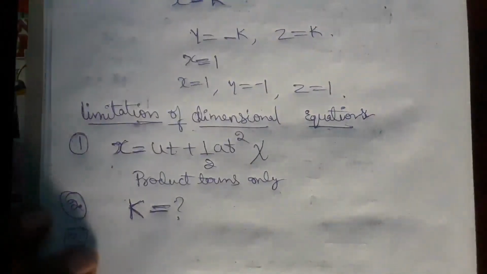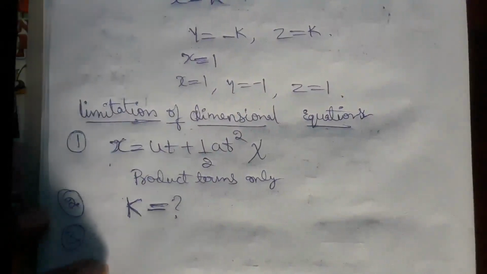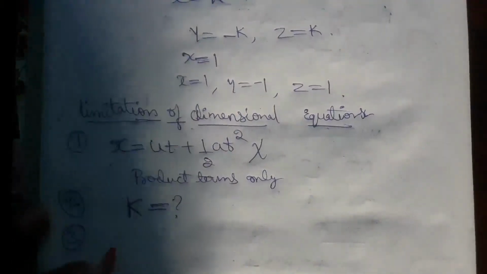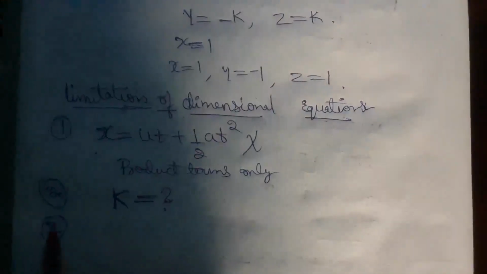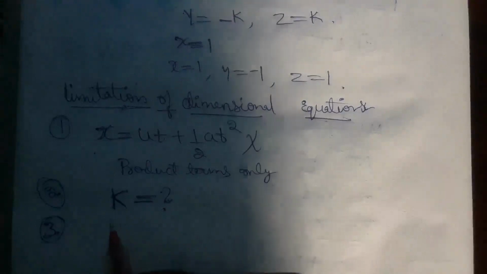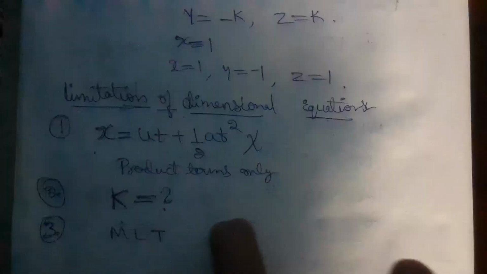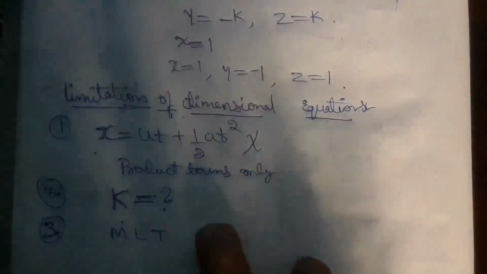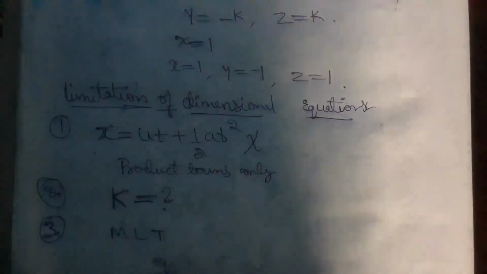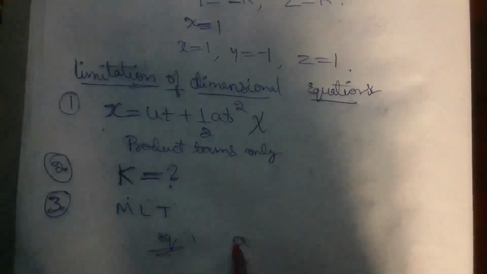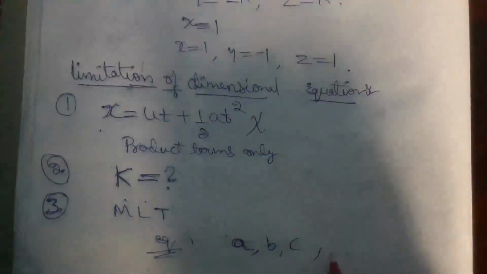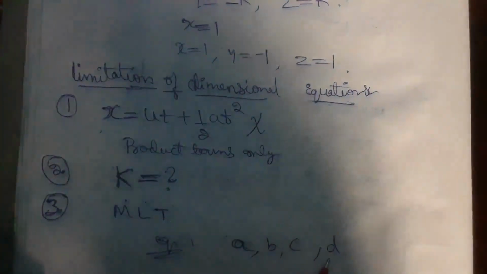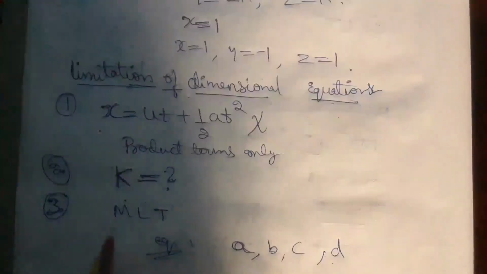So the third and last limitation of this method is that we have only M, L, T, so we get only 3 equations. If the unknowns A, B, C are more than 3, if it is 4, then we cannot find them, we just have to guess the values.